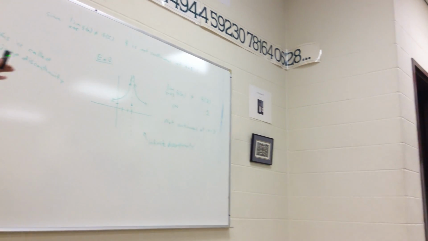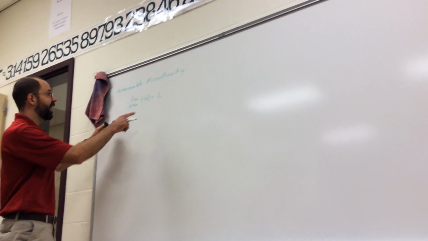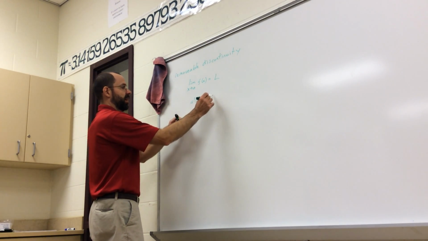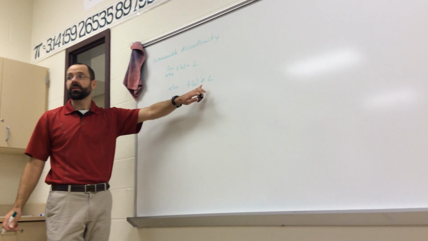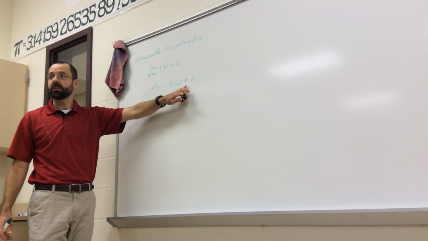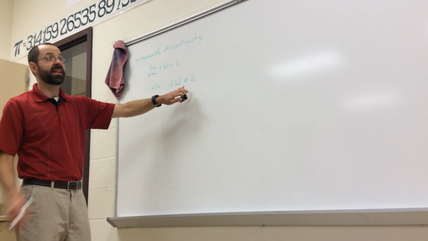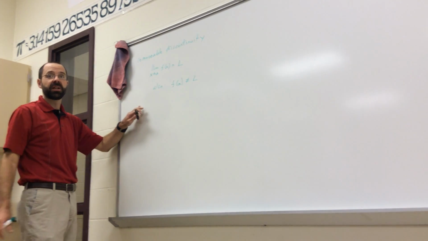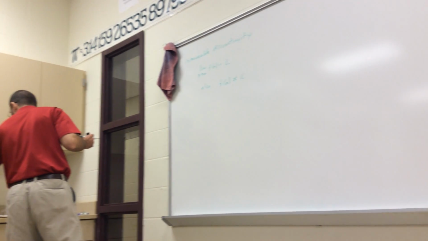A removable discontinuity happens when the limit is a number, but f of a is not that number. It's a different number. Those were a different type, but this is the third type of discontinuity, called a removable discontinuity. So let me show you an example of that.